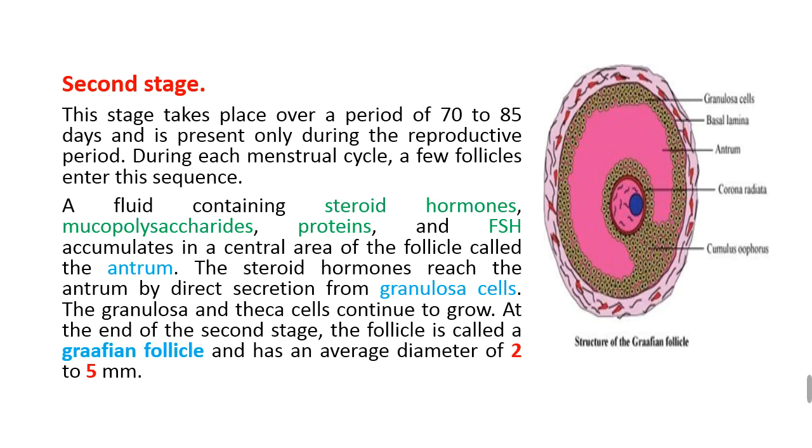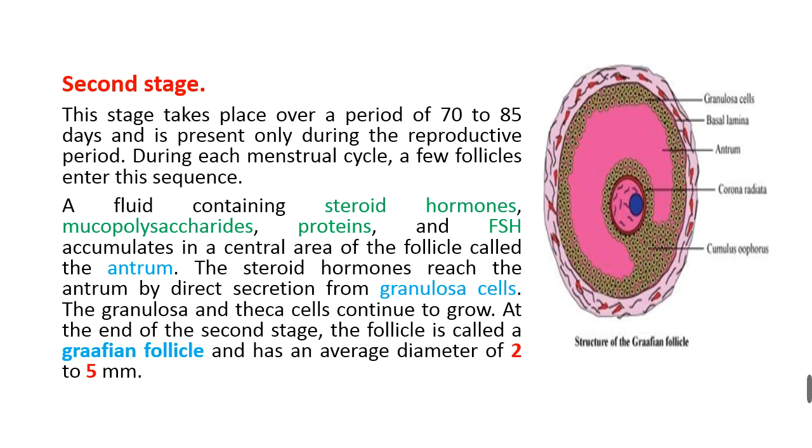Now, the second stage. This stage takes place over a period of 70 to 85 days and is present only during the reproductive period. During each menstrual cycle, a few follicles enter this stage, which is called the second stage.